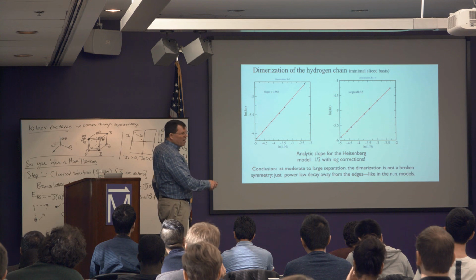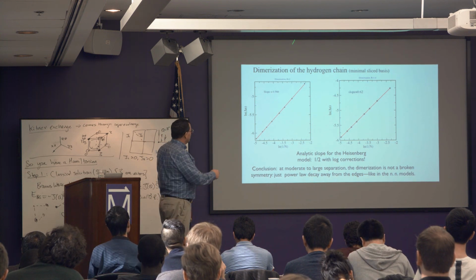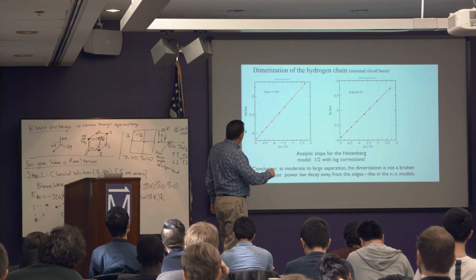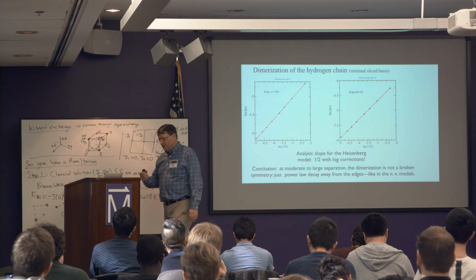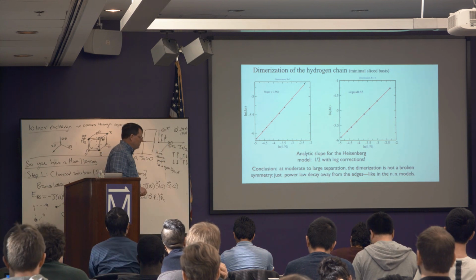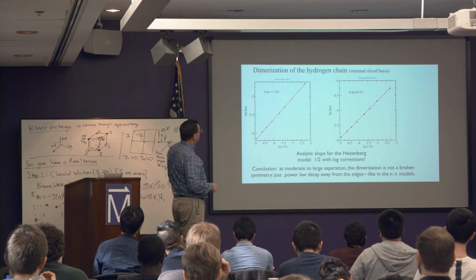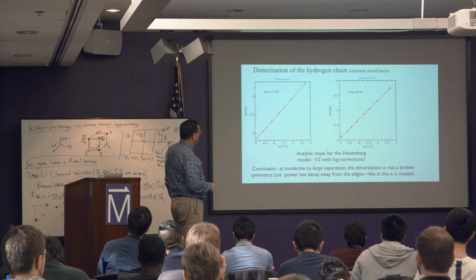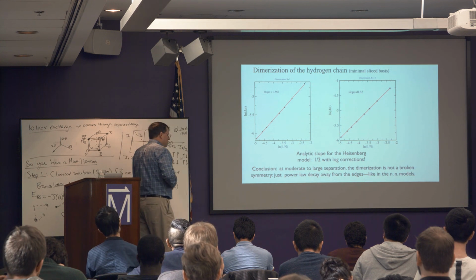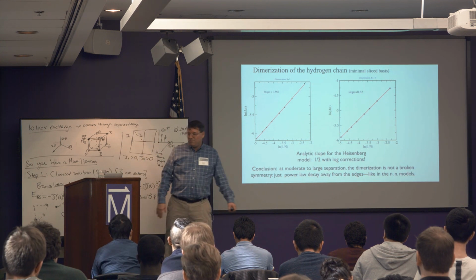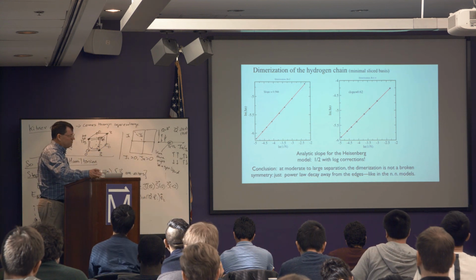When we do this for the Heisenberg model, where we can really do big systems and nail it, we see the same sorts of deviations in the slope from the predicted 1/2 because of the log corrections. Given how close this looks to what we see in the spin models, I think this is pretty conclusive. So the conclusion is that at moderate to large separation, the dimerization is not a broken symmetry. It has this power law decay away from the edges.